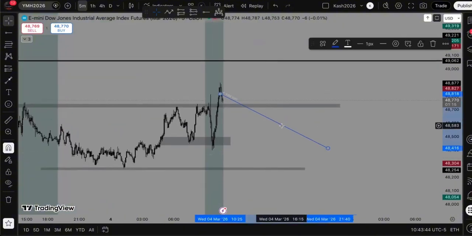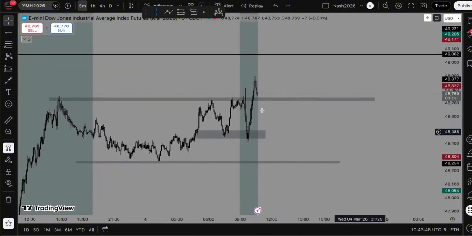So once again, guys, once you see that we rejected this area multiple times, when you look to the left and it began to sell right here, and then it rejected right here with a nice little push down. And then we got all of this right here, fake out.